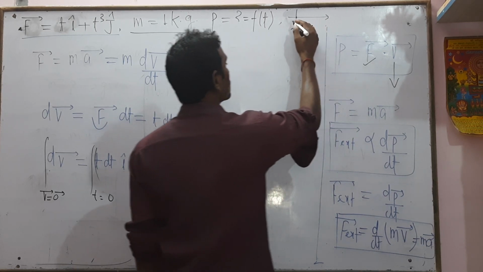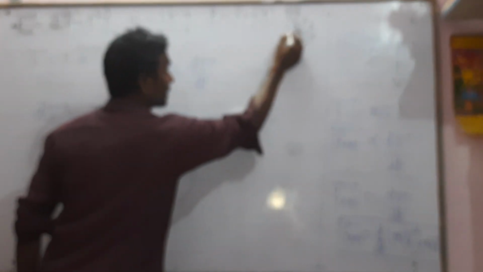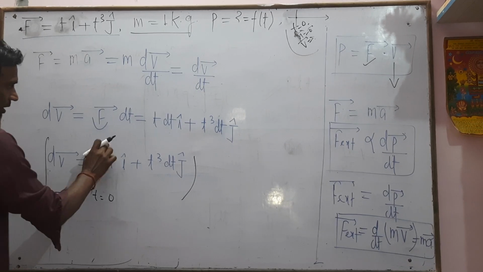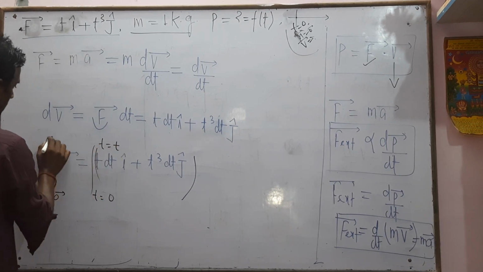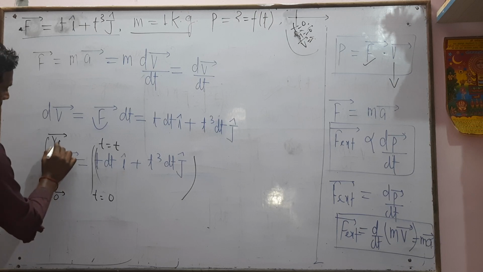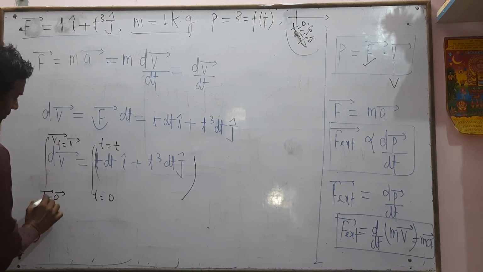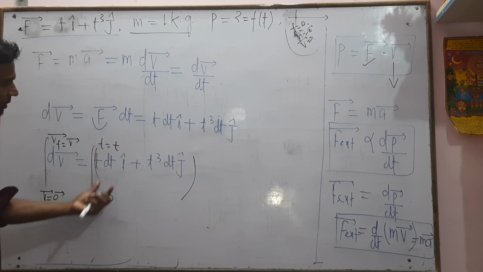Next, at time t equal to t, the velocity is the velocity vector. Initially velocity equals 0, and the final velocity is v vector at final time t.